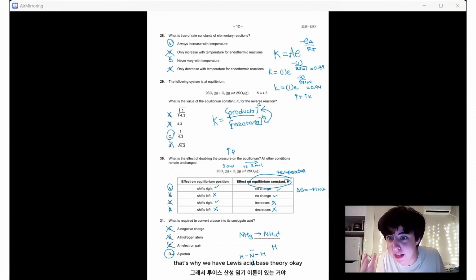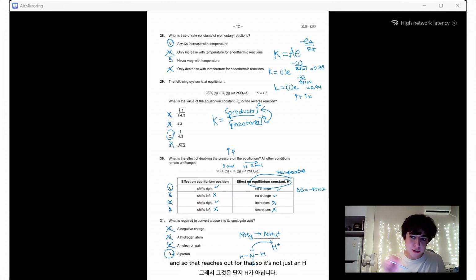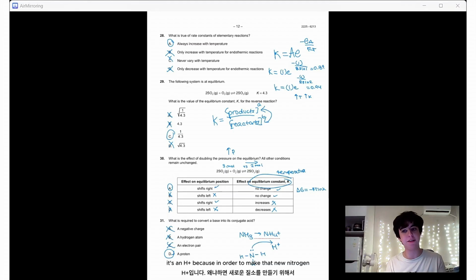That's why we have Lewis acid-base theory. It is H plus because it is electrophilic. But then you have this nucleophilic NH3, and so that reaches out for that. So it's not just an H; it's an H plus, because in order to make that new nitrogen to hydrogen bond, it has to reach out to that electrophile.